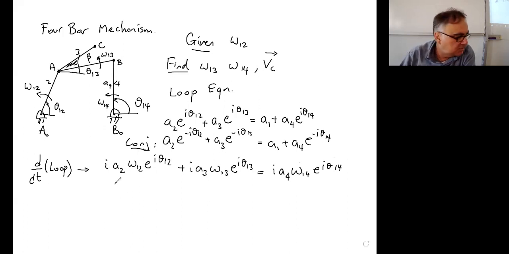And the conjugate equation is quite simple. It's almost the same thing except that I is replaced by minus I.